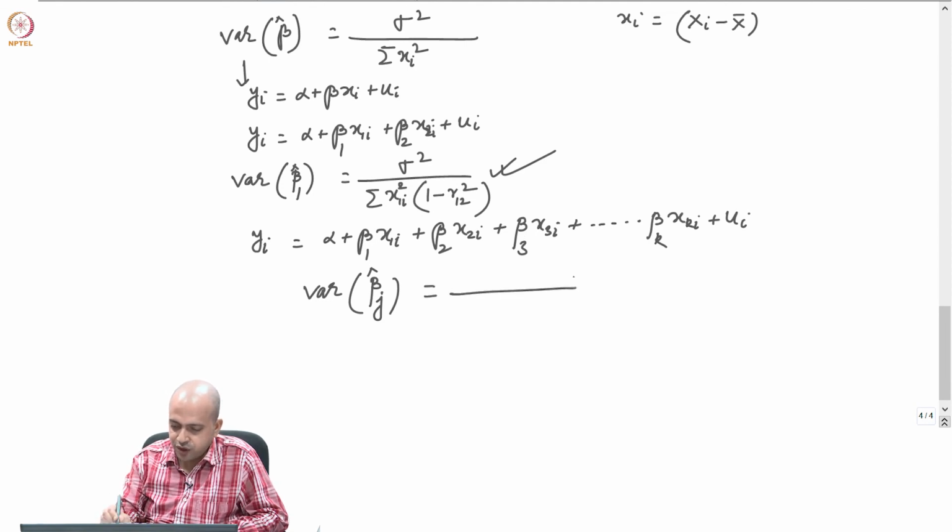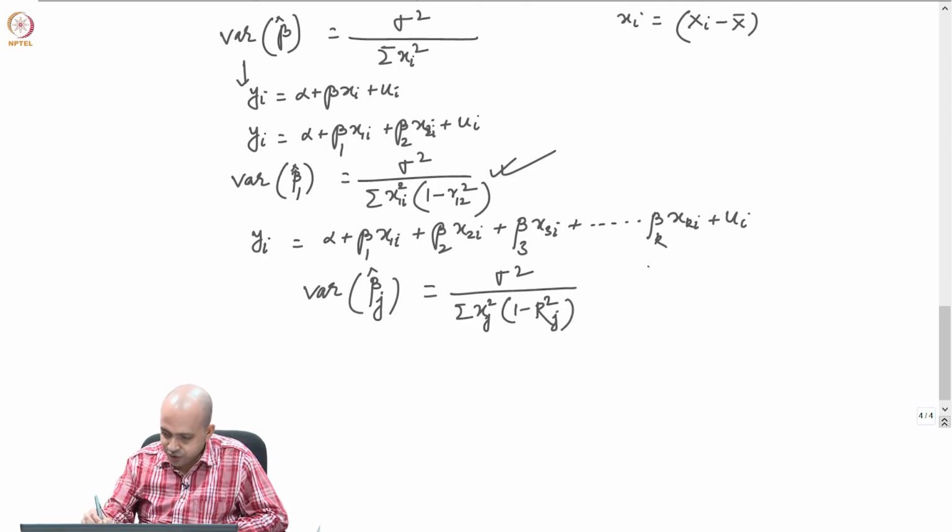This modification of this formula will happen like summation xj square into 1 minus capital R square j. And what is R square j? R square j is basically, how will you get?